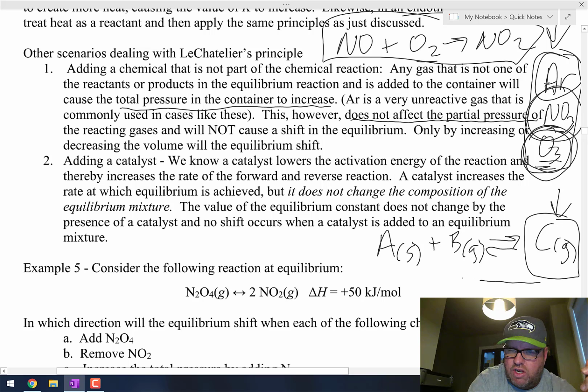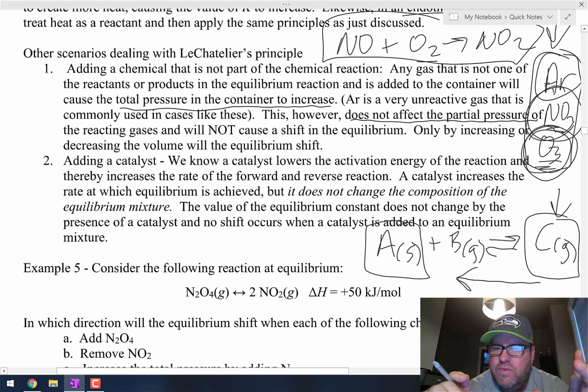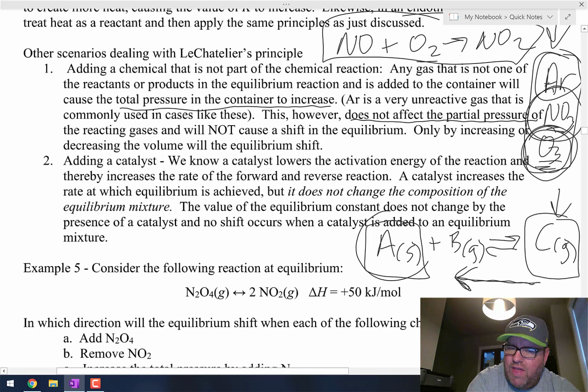Of course, there's going to be a shift back to the left. If the question asks what happens to the amount of A in that reaction container, if a shift occurs, and it does shift to the side that has the solid in it, the amount of the solid will go up, because a shift did happen.